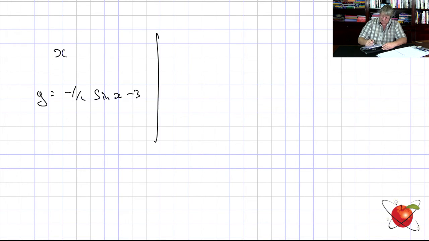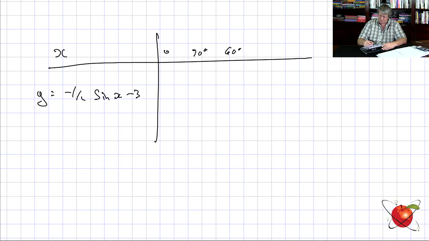And lastly, in all of these, obviously you've got the calculators where you can use the step function, etc. Just remember the table. You can always go back to y is equal to minus a half sine x minus 3. If they ask you to draw the graph, 0, 30, 60, 90 degrees, and then do your 135, 150. But because you know it repeats, you only need to go to 180 degrees, right?